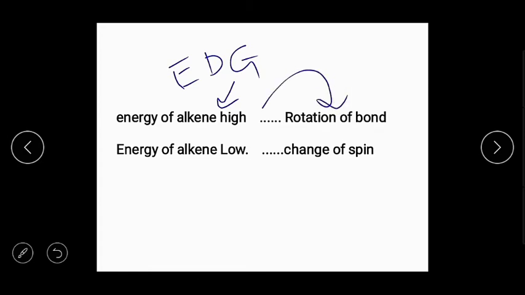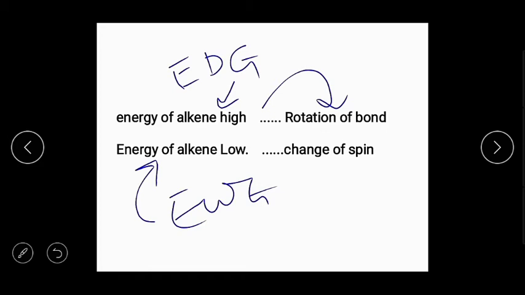But when there is electron withdrawing group present on a compound, present on alkene, then energy of alkene goes down, and as the energy down, you can easily consider that if the energy is low, then the compound is more stable, and in stable compound there is no chance to change its bond, means rotate its bond, and as it can't rotate its bond, it just changes spin.